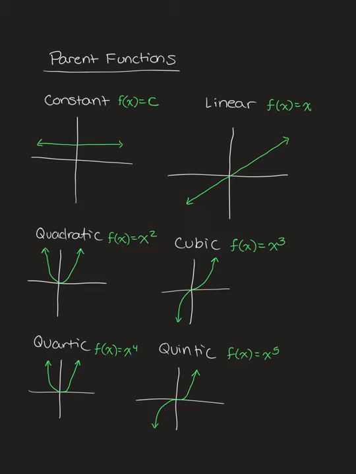So if you notice, a quadratic and a quartic look very similar in shape. A cubic and a quintic look very similar in shape. So one thing that you can keep in mind is that an even degree is going to have roughly the same shape as a quadratic. An odd degree is going to have roughly the same shape as a cubic. Okay, so if you can remember what a quadratic and a cubic look like, you should be okay.